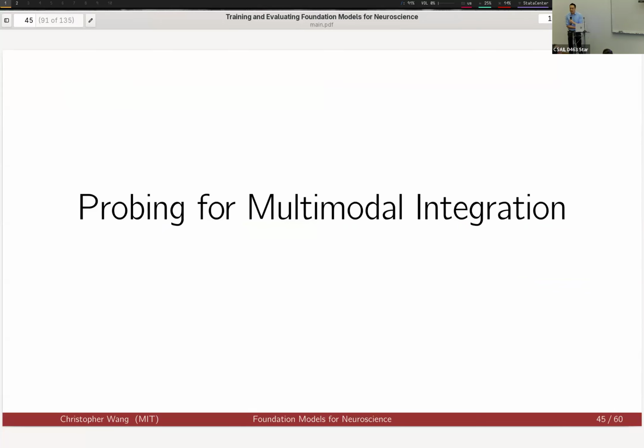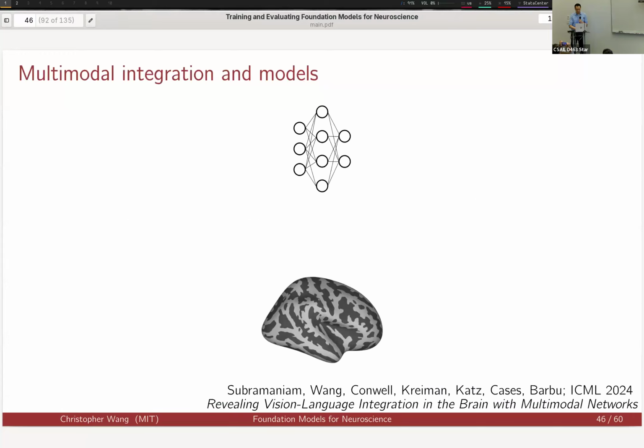One other thing I want to say about benchmarking is there are many ways to do benchmarking. So you can benchmark based on decoding ability. You can also benchmark based on how similar the brain is to a model. And what I mean by that is you've got brain activity, and you've got the internal representations of a model. And you can measure the representational similarity between these two things.